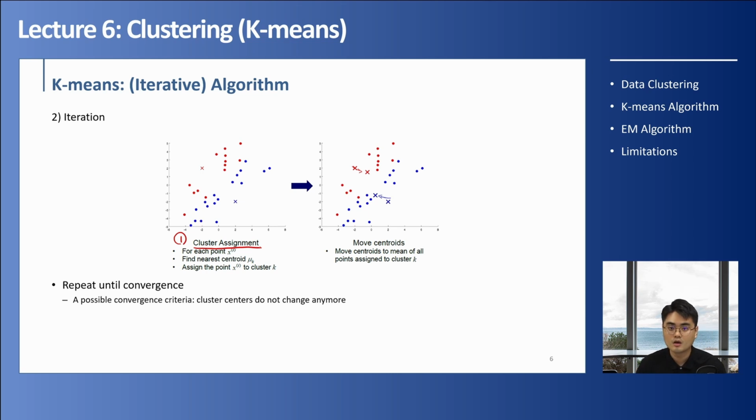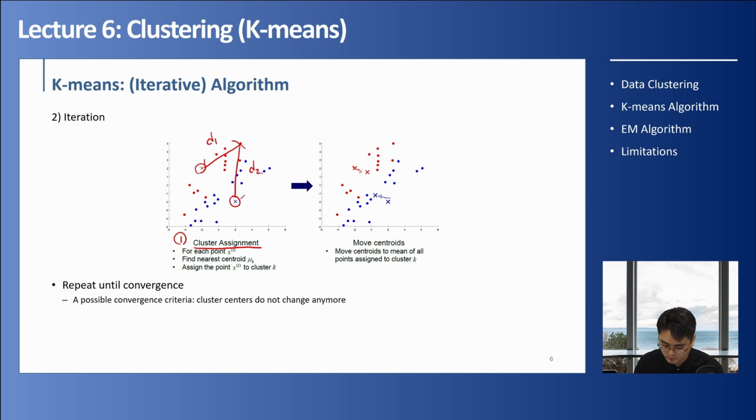For the next step, we need to do this iteration, and the first step is cluster assignment. For each point xi, for all of the points, we're going to calculate the distance. For example, we select this point, and we calculate the distance to each cluster center. Let's say this is D1 and this is D2.